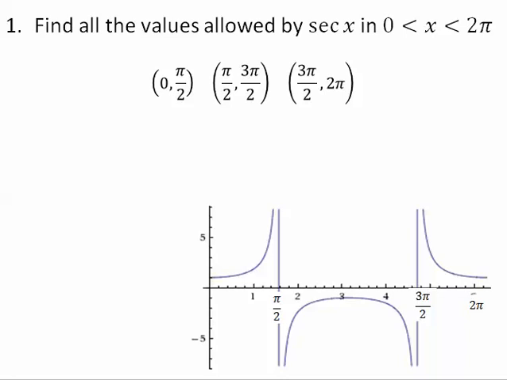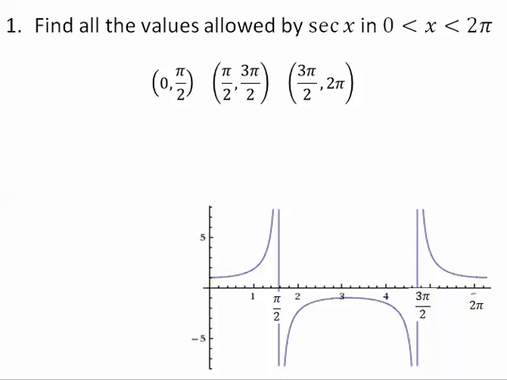So there are 3 open intervals on which secant is continuous. It's not defined at pi over 2 or at 3 pi over 2.